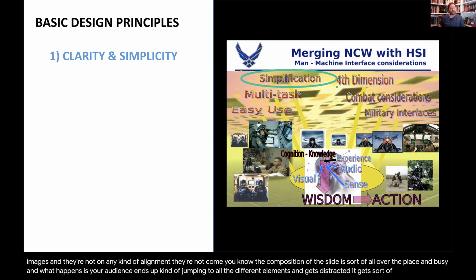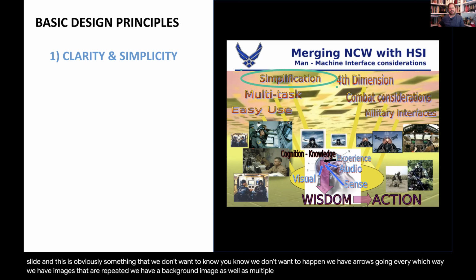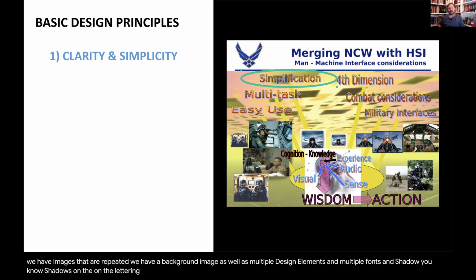It gets lost within the slide, and this is obviously something that we don't want to happen. We have arrows going every which way. We have images that are repeated. We have a background image as well as multiple design elements and multiple fonts and shadows on the lettering, and it's quite confusing.